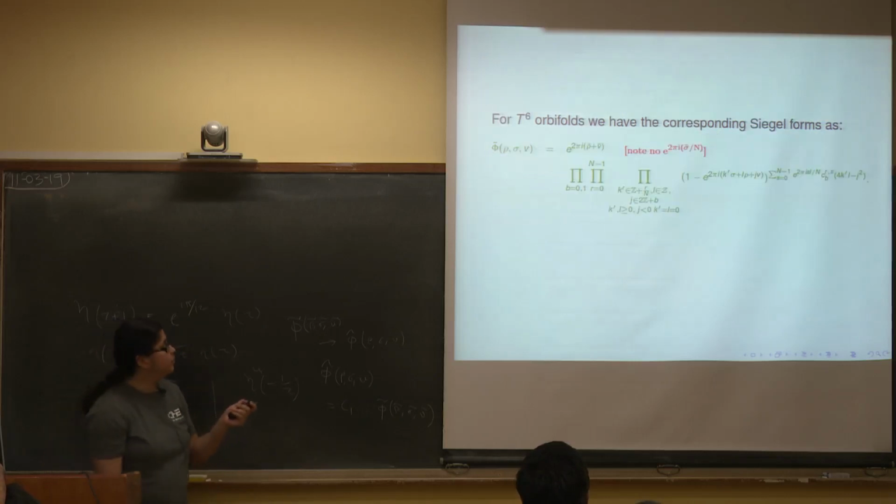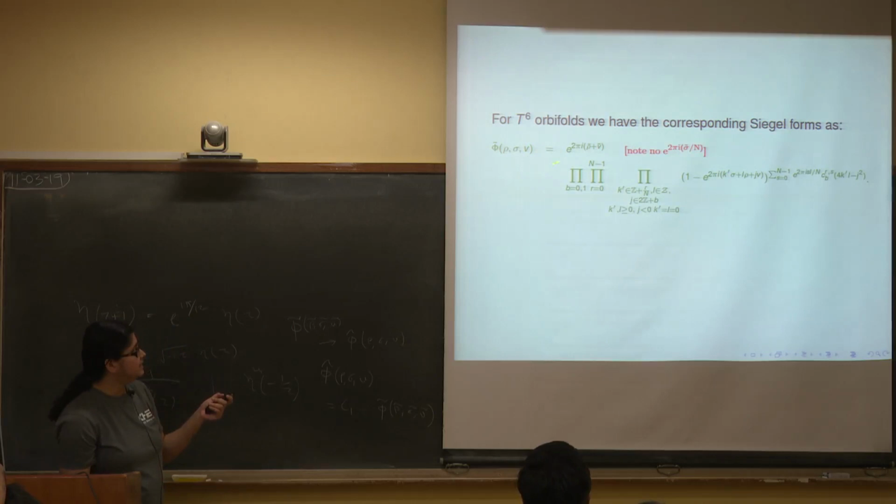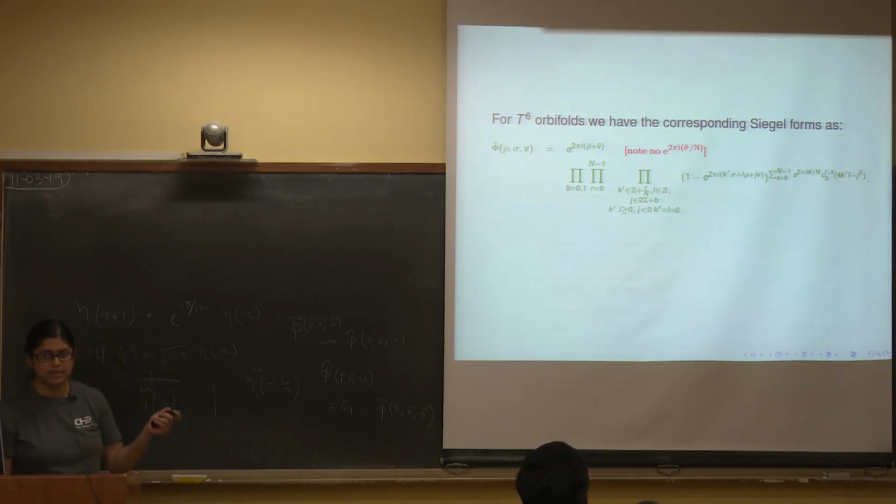And if you want to compute the phi tilde in these cases, phi tilde can be given in this form, and again from the twisted elliptic genus you can read off the C, and there is no sigma by n though in this method because it is a torus model.